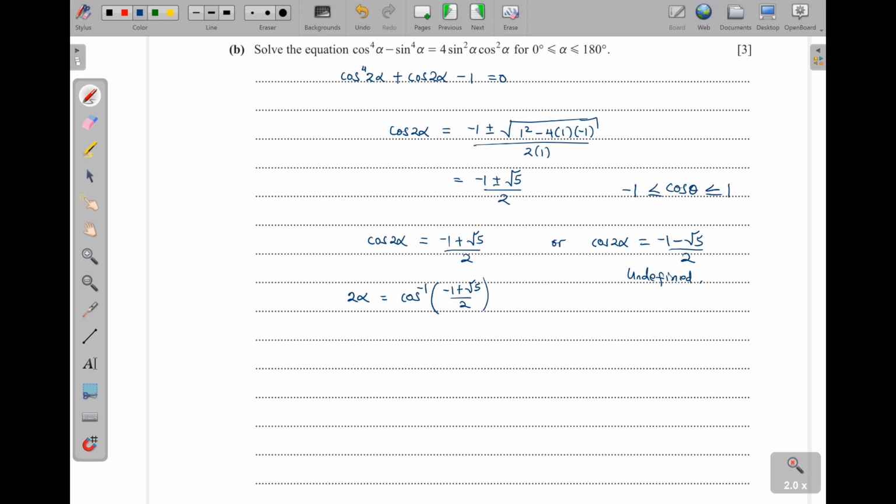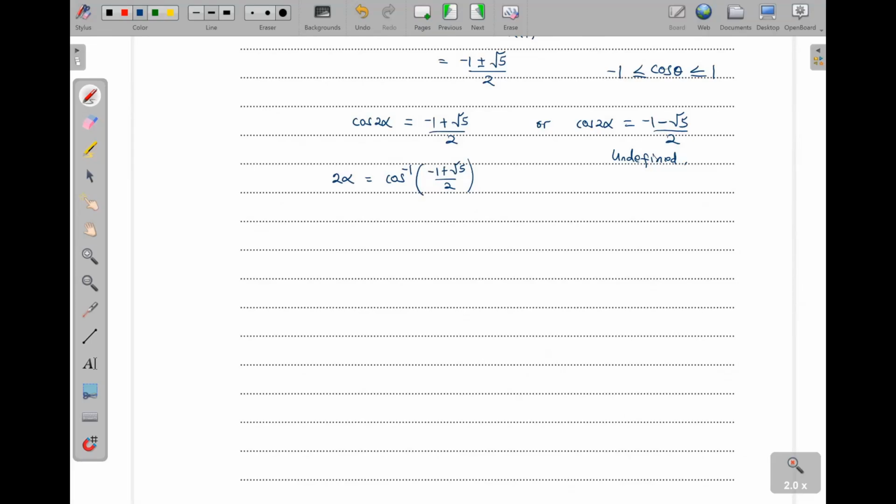Okay? Then we'll put this one in the calculator. So cosine is positive, because this value here is positive. Root of 5 is 2 point something, so minus 1, it is going to be positive.